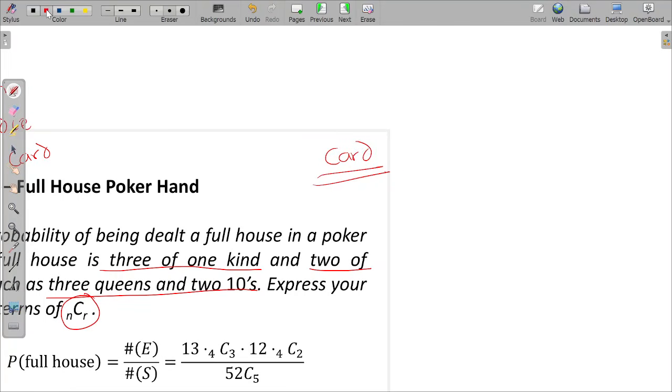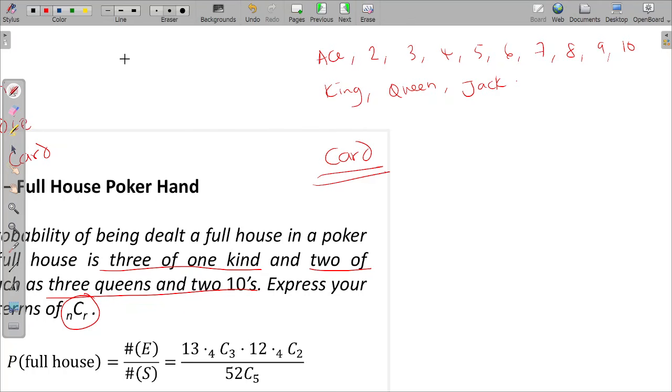So in a standard deck of cards, we have from ace, which stands for 1, then 2, 3, 4, 5, 6, 7, 8, 9, 10. Then we have king, queen, and jack.